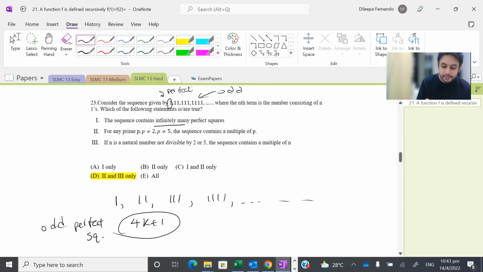But after that, can you see whether any other number in the sequence except 1 is in the form of 4k plus 1? Now can you see the property? Each number except 1 ends with 11.